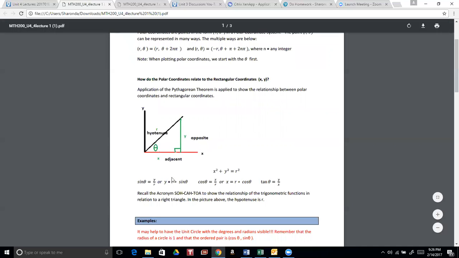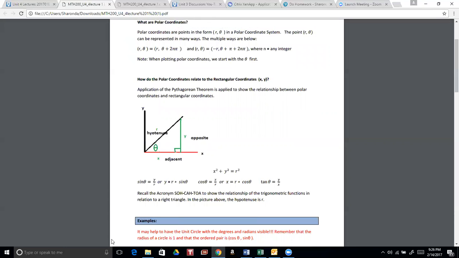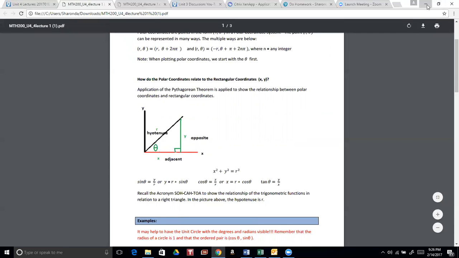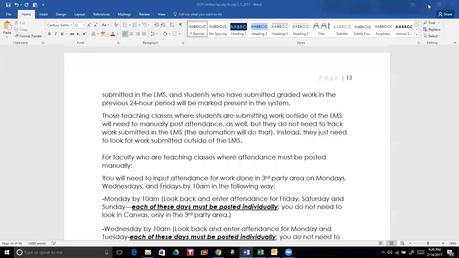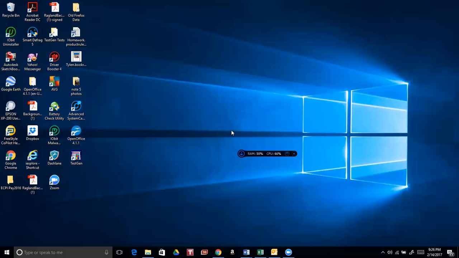So if you have sine theta, remember that if we do the SOHCAHTOA, let's see if I can write this down. Hold on. Oh, here we go.